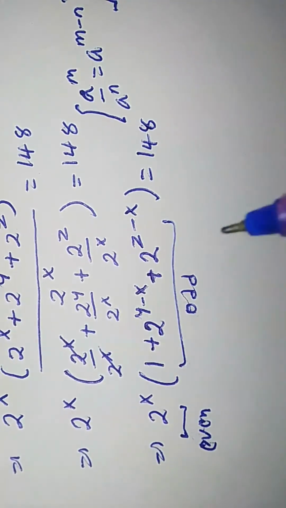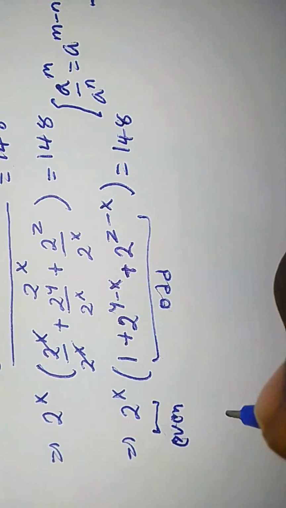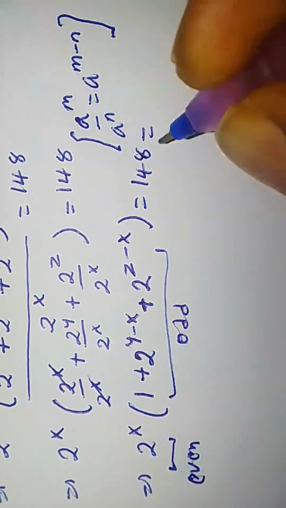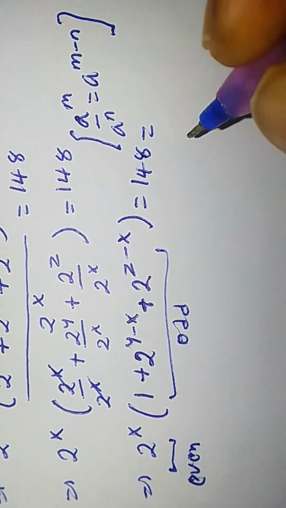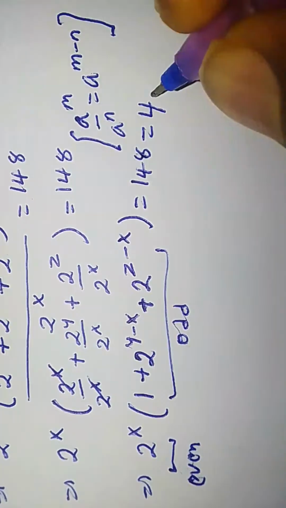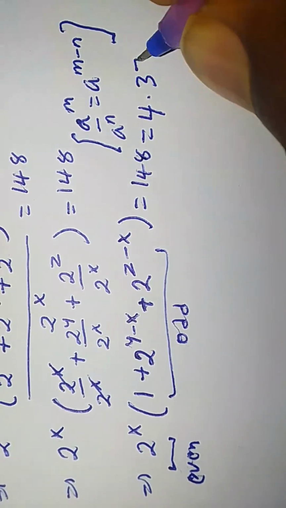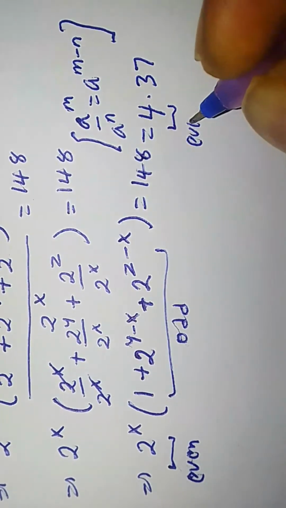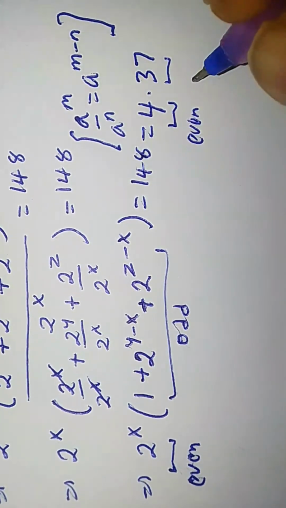So take note of these two. Now, let's consider this 148. 148 could be written as 4 times 37. This is an even number, while this is an odd number.